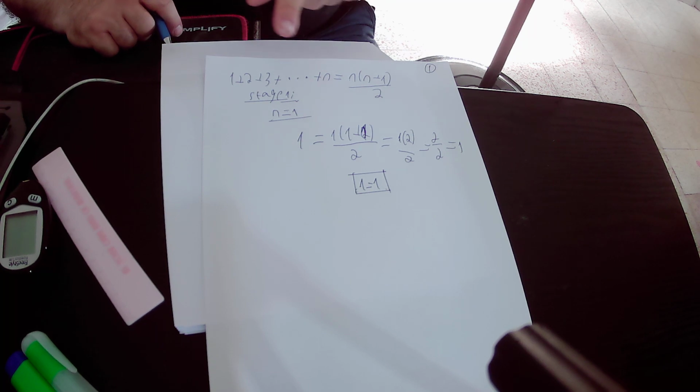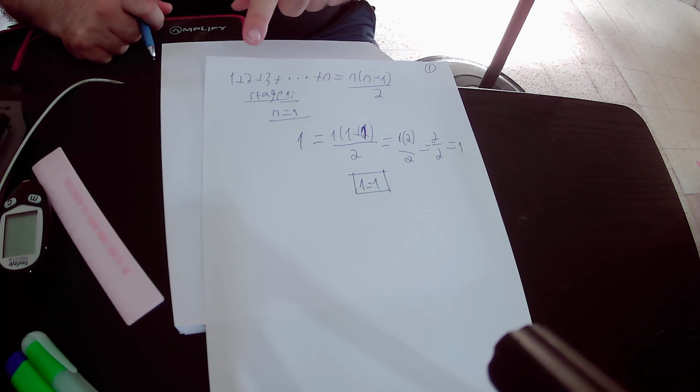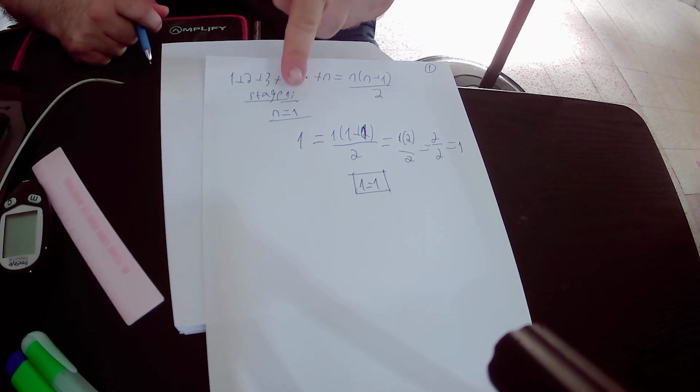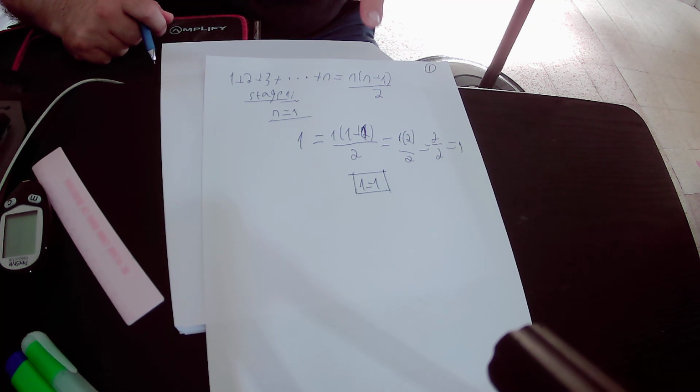We found out that we have here in the right side of the equation n times n plus 1 is 1 times 1 plus 1 because n equals to 1.